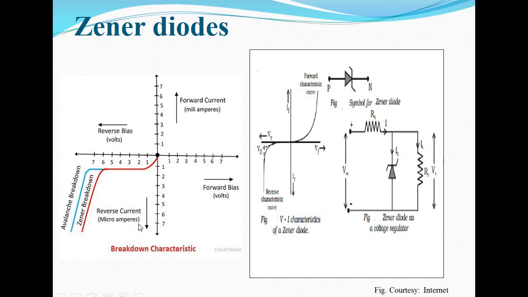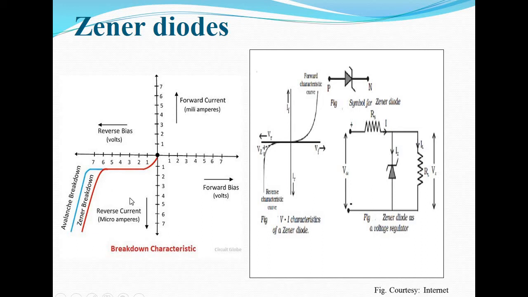Coming to this graph, you can see this is the voltage versus current graph. This is for the case of forward bias, forward current, and this is for the case of reverse bias.